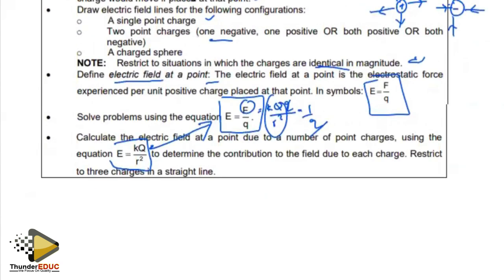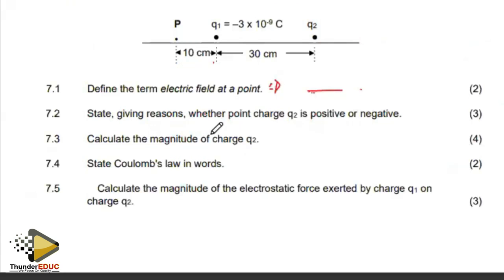Electric field. All right, then state, giving reasons, whether the point charge Q2 is positive or negative. Now, the fact that we have two charges, one of which is negative, and a net force of 0, chances are high that Q2 is positive.